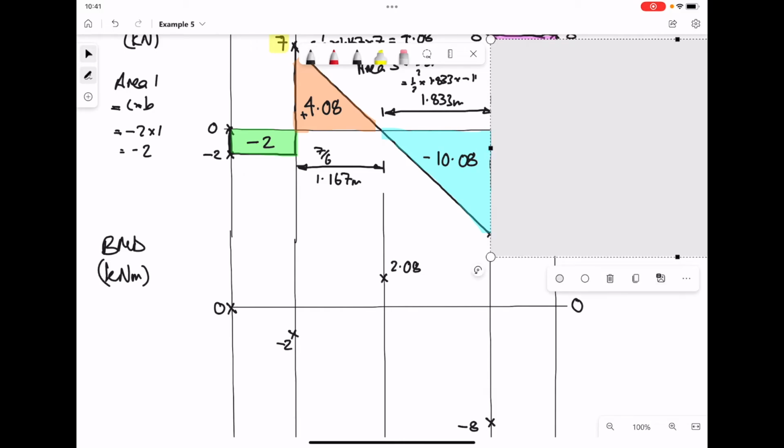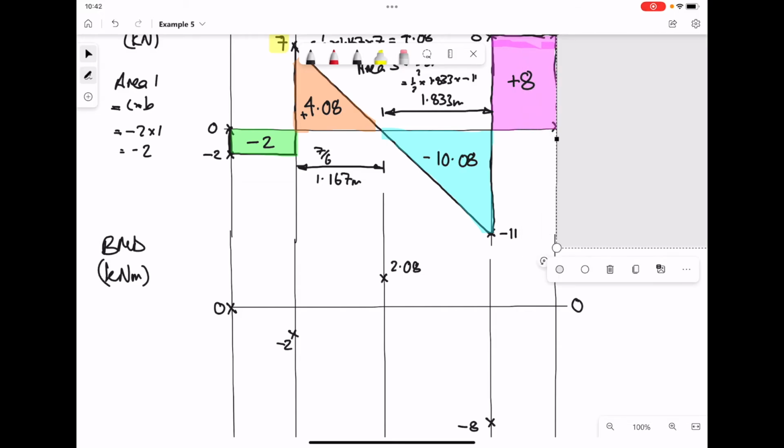Then by the time we come to the very end of the beam, we add together our 4 areas, -2, 4.08, -10.08, and a +8, and that gives us back a value of 0. The total of the areas gives us the points on our bend moment diagram.